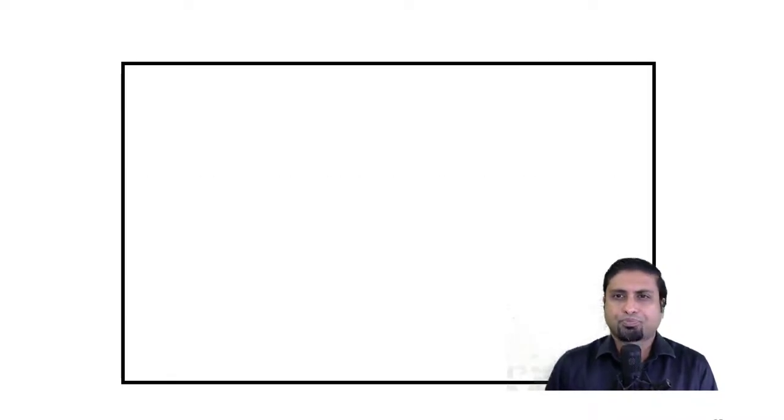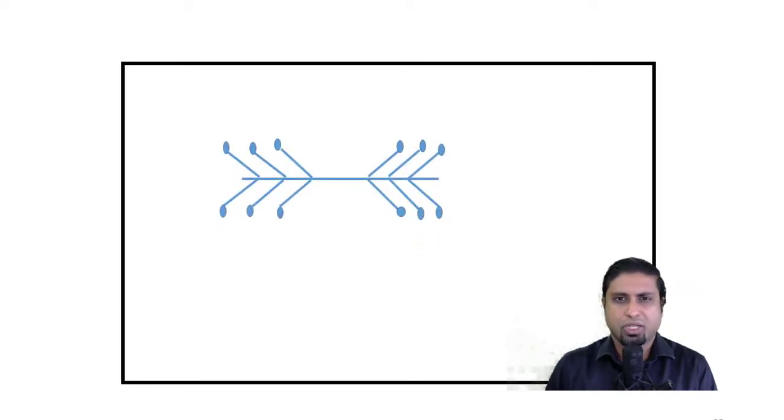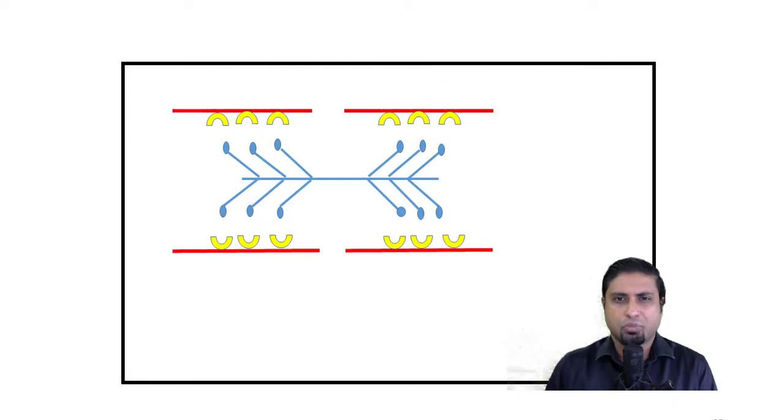Okay, so let's consider this to be a cardiac myocyte, and these are the contractile proteins. This blue colored protein would be myosin, and the yellow colored protein would be actin. In the relaxed state, the myosin heads, the blue circles, are prevented from interacting with actin by a protein called tropomyosin, represented by the black lines over here.